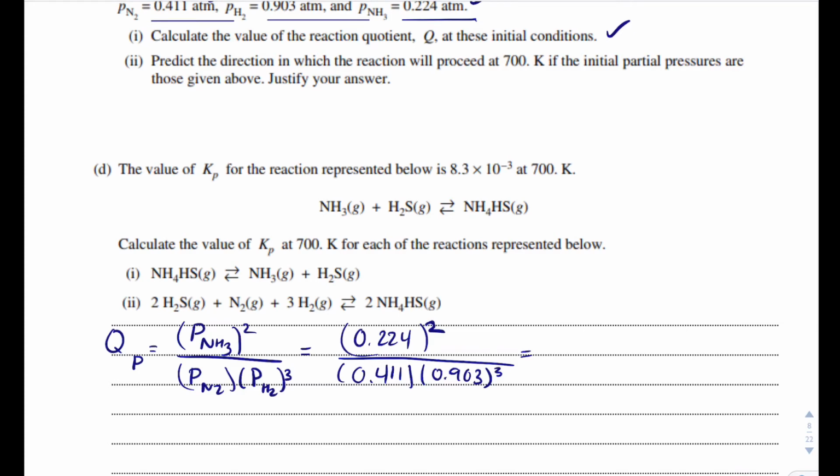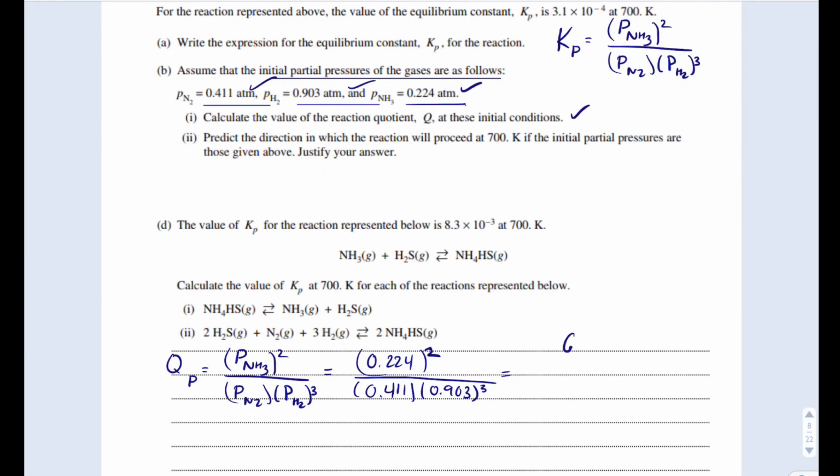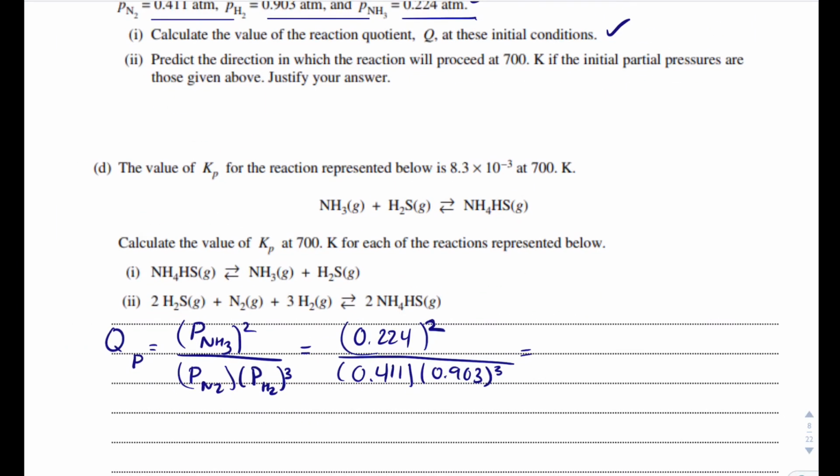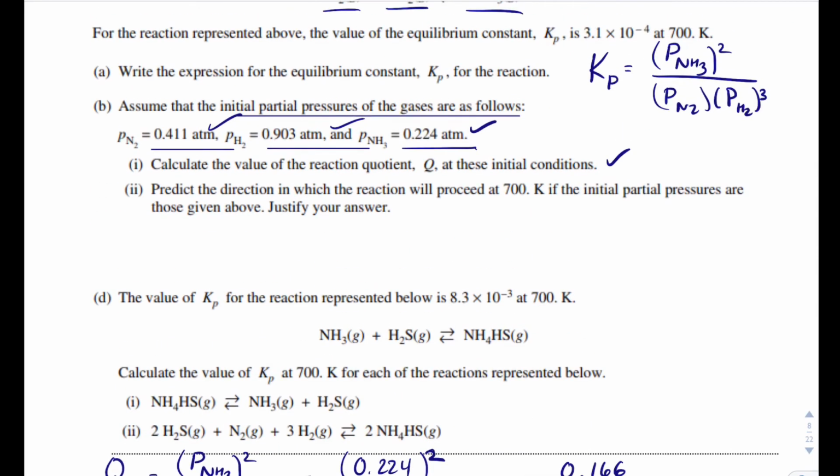Let me plug this in again, 0.224. I get 0.166, that equals Q, so I've done this question.